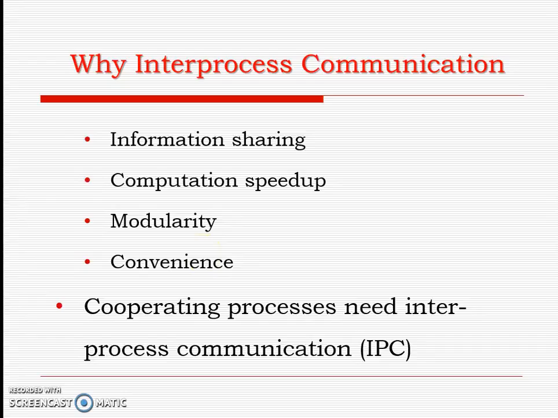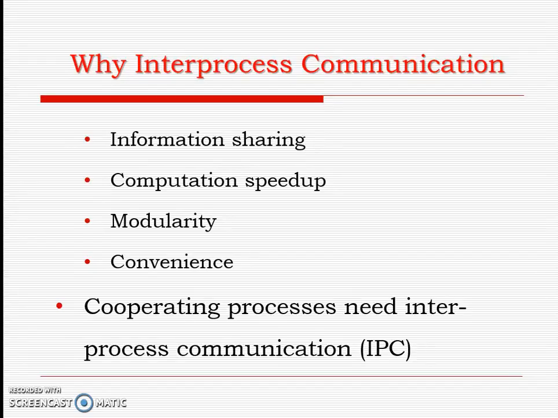Why do we need inter-process communication? The first benefit we are getting is information sharing. By cooperation of the process communication, one process's data can be shared by another process, so there is no need to create it again and again.